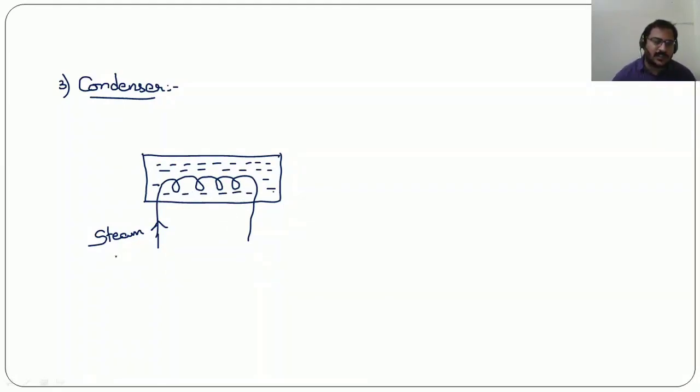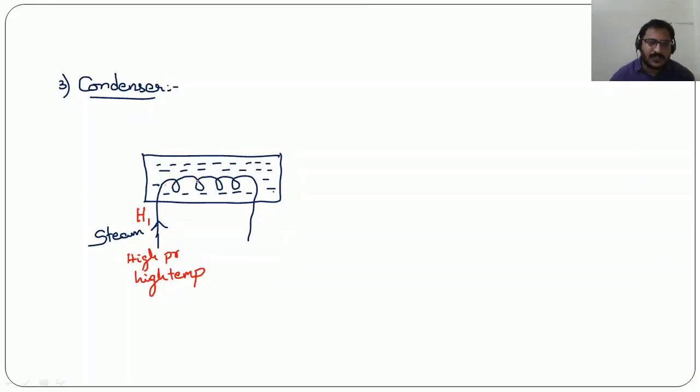Now steam is entering. This steam usually enters into this condenser at high pressure and high temperature. So let us say H1 is the enthalpy with which steam is entering into the condenser here.